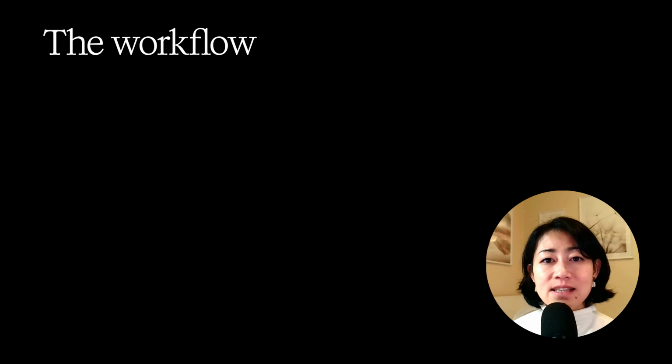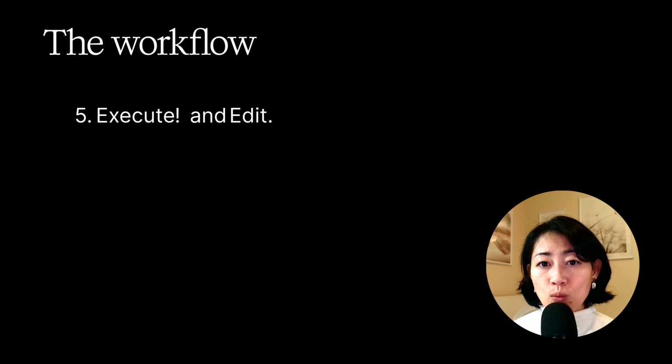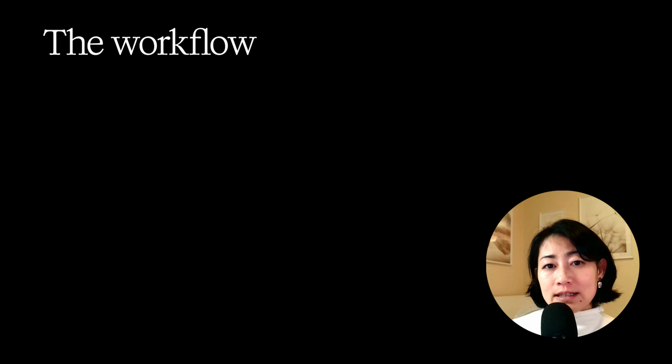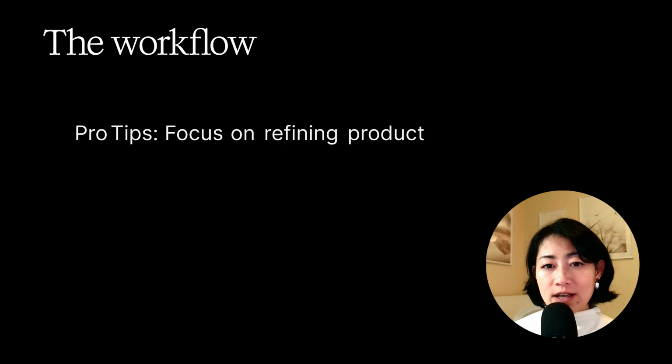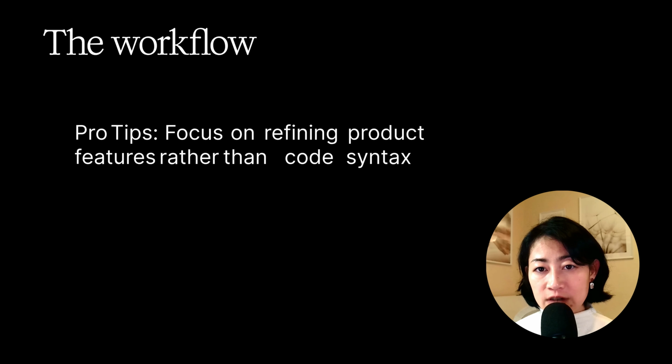Step 5. Then I simply said, start to execute and watch Claude Code build each component. And then I need to confirm if I need that or not and validate whether or not it's in my expectation. Step 6. Throughout the whole process, I focus on refining product features, not wrestling with code syntax and debugging.